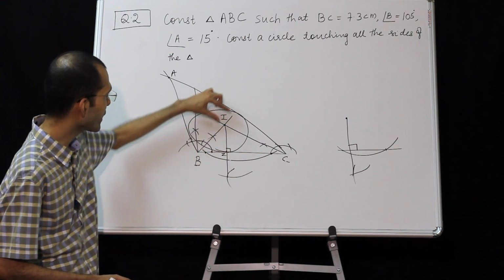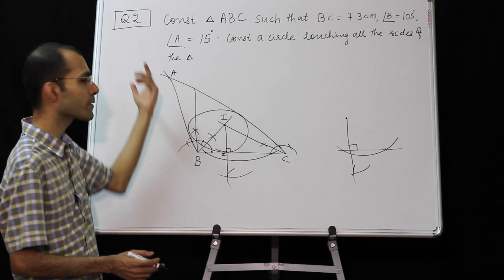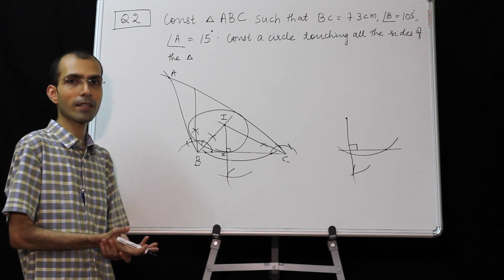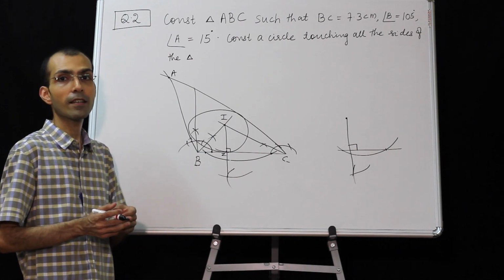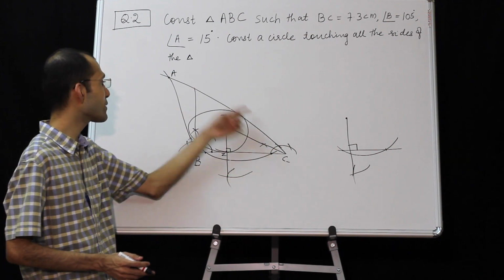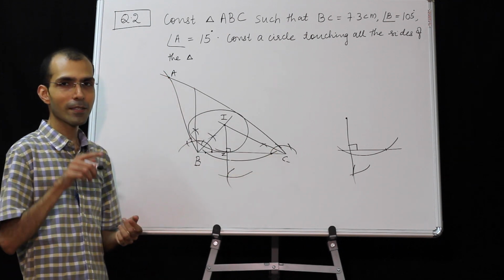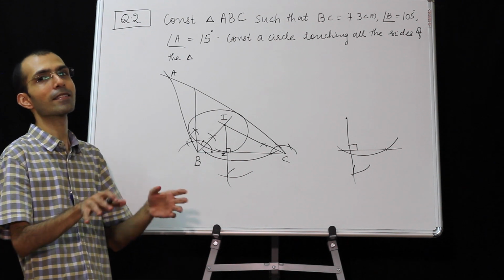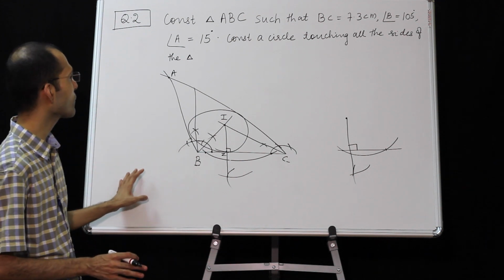Isn't it? Now this radius and this radius would be the same. This would hint towards the in circle. So there are various ways of framing the question.